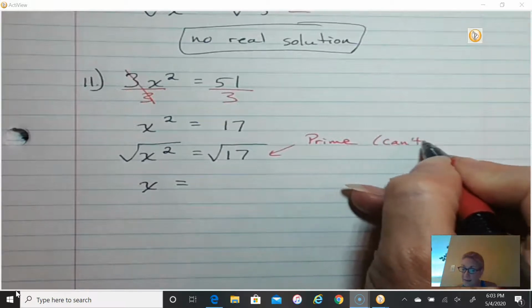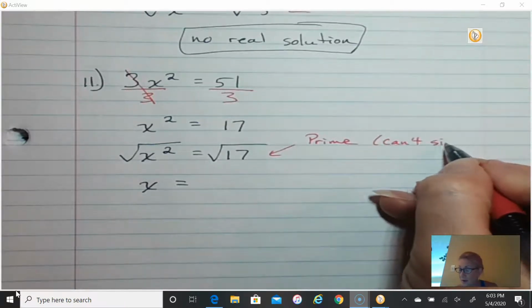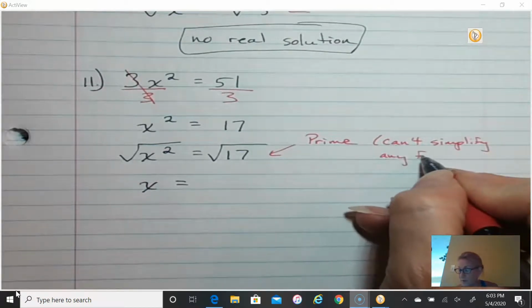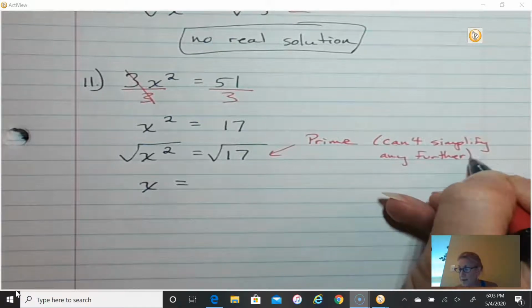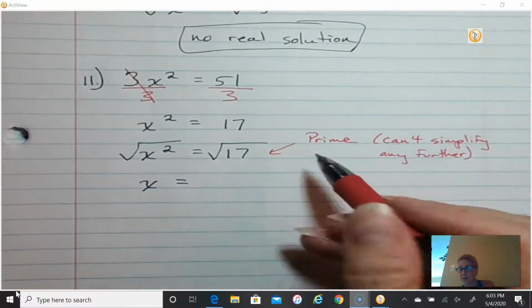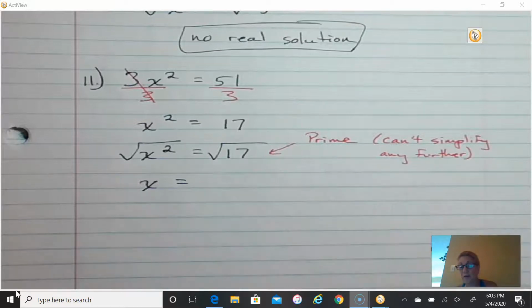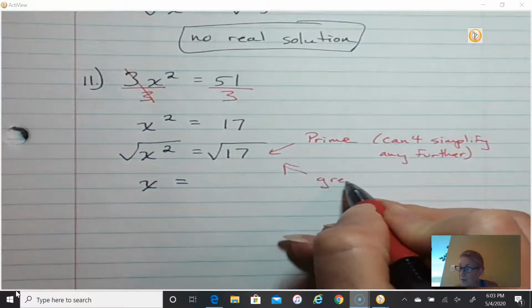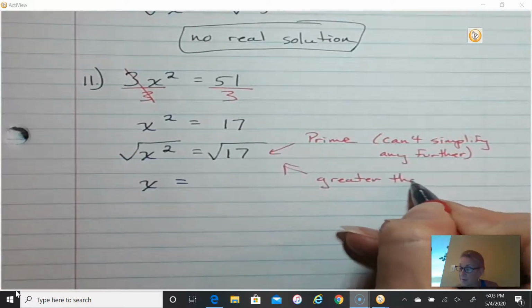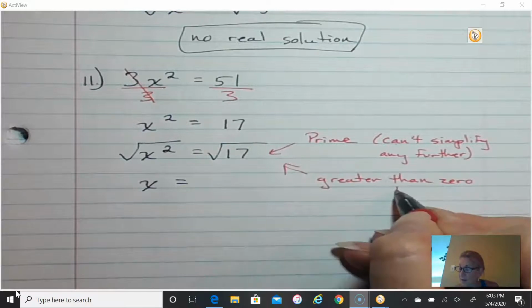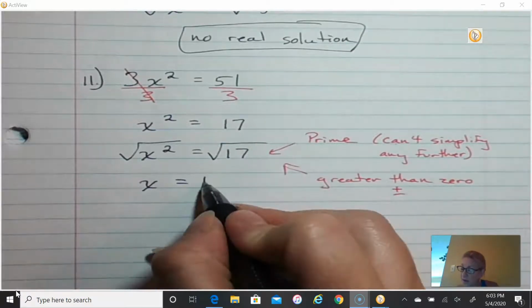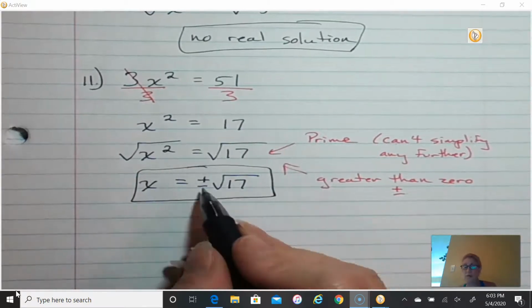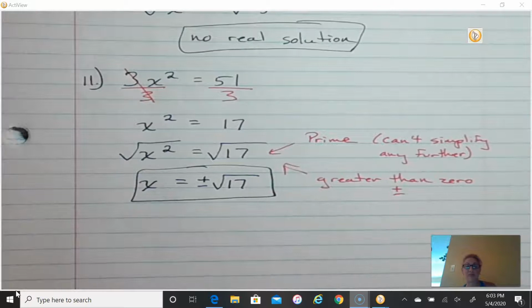It can't simplify any further. You can't do a factor tree or anything on it. That's a prime number. But is it greater than 0? That is greater than 0. Therefore, it's going to be positive and negative. So your answer, it's simplified as much as it can be. Your answer is plus minus the square root of 17.